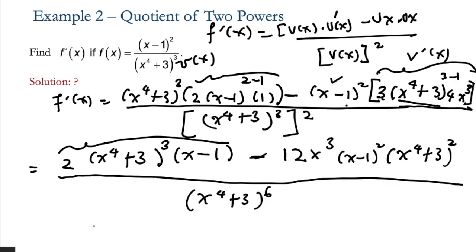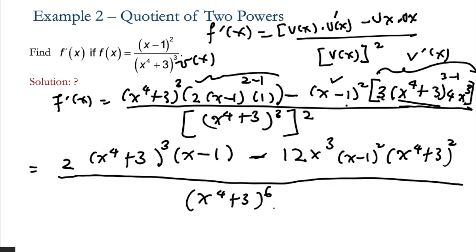Look at them carefully. Now here we can simplify it further. Why? Because you have a common factor. For instance, what's the common factor here? (x to the power 4 plus 3) to the power of 2, or squared, isn't it?